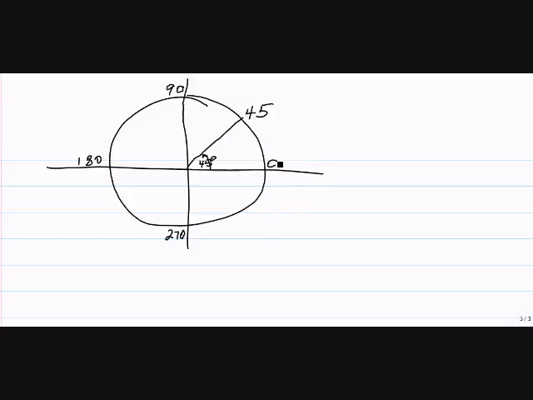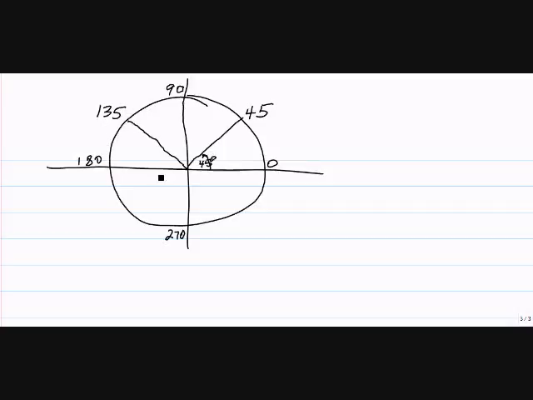And now I'm going to clock my circle off in 45 degrees. 0, 45, 90. What's another 45 degrees? Or the number right in between 90 and 180. 135.